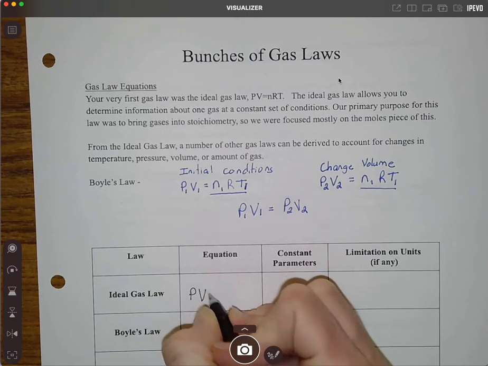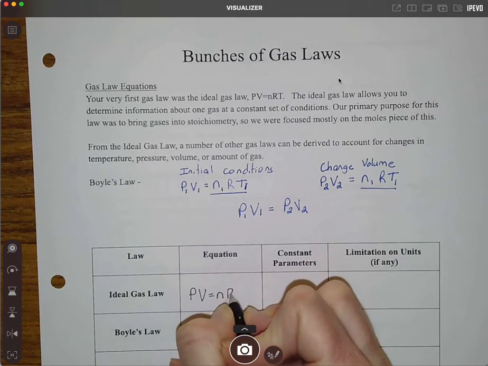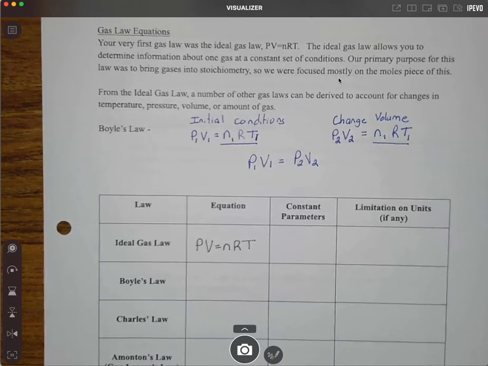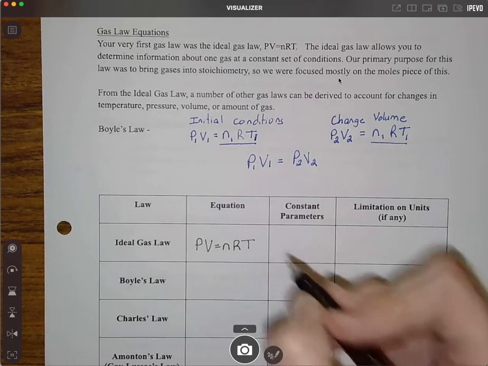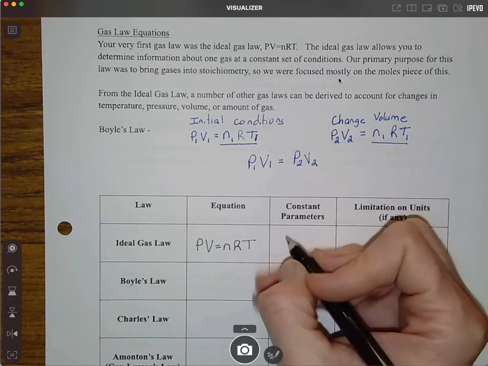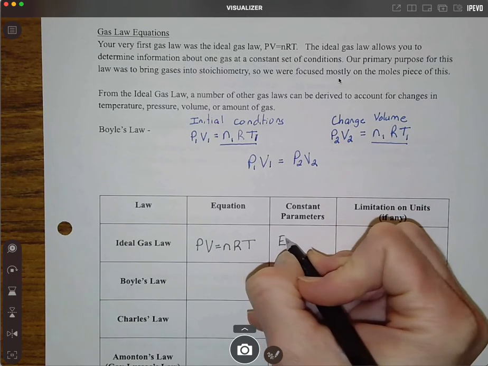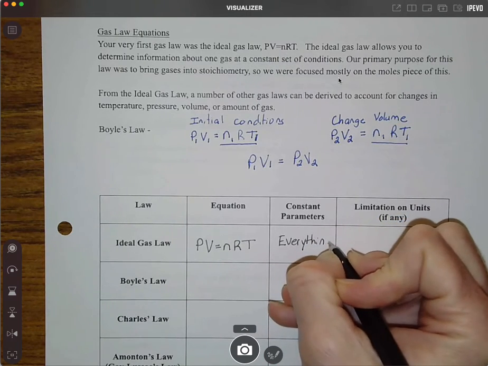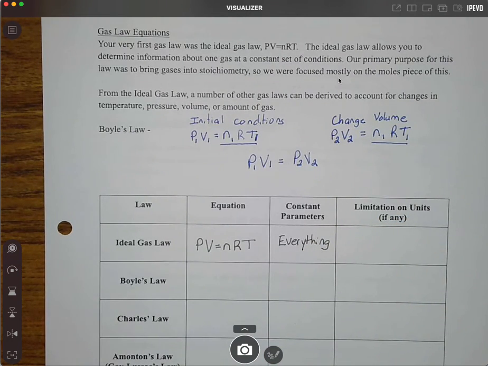So the ideal gas law is PV equals nRT. PV equals nRT is used when nothing is changing. So everything is constant. It's just used to deal with one singular set of conditions.